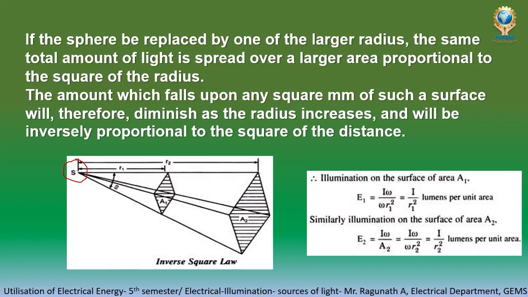Okay, so here is the mathematical explanation. We know illumination is equal to luminous flux divided by area. Area means distance square, and here the solid angle is also mentioned.